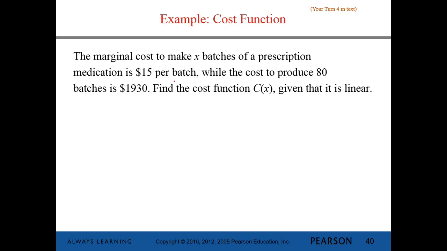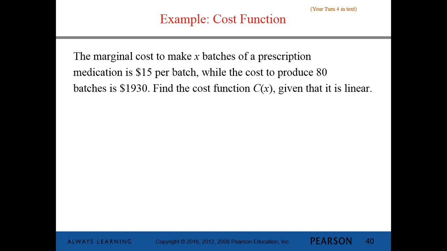Because if you take 80 times 15, right, so that would be our cost to find 80 batches, the cost of making 80 batches of prescription at $15 per batch is how much? Well, 80 times 15 is what? Well, 15 times 8, right, is 80 plus 40.